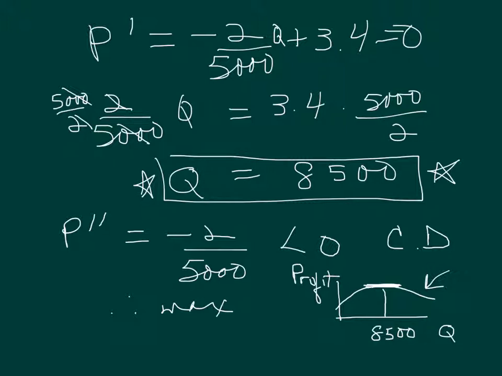So we're going to take the Q we found and plug it back into the price equation, also known as the demand equation, to figure out what price I should sell each of these 8,500 hamburgers for. And we'll do that on the next slide.